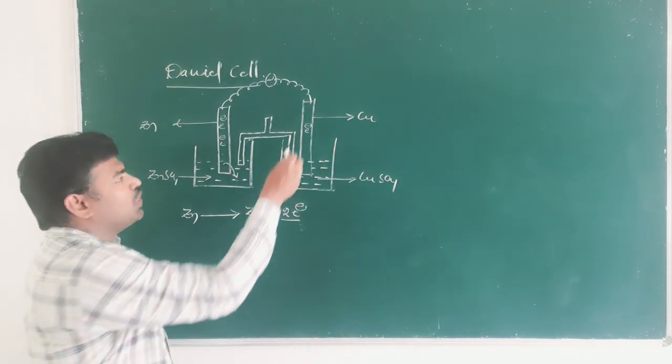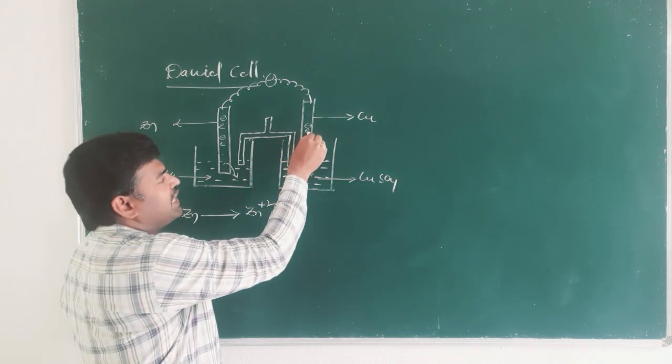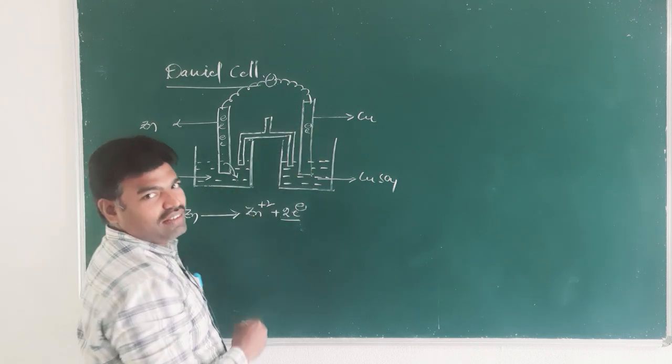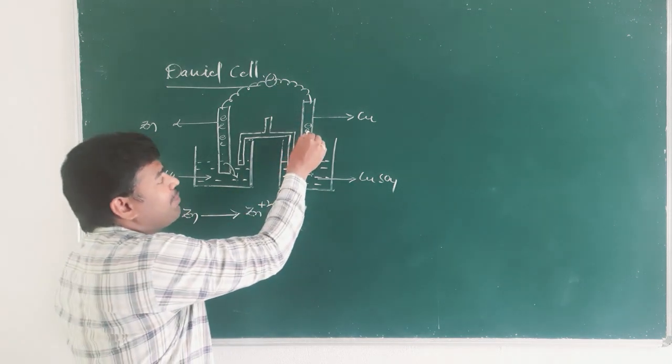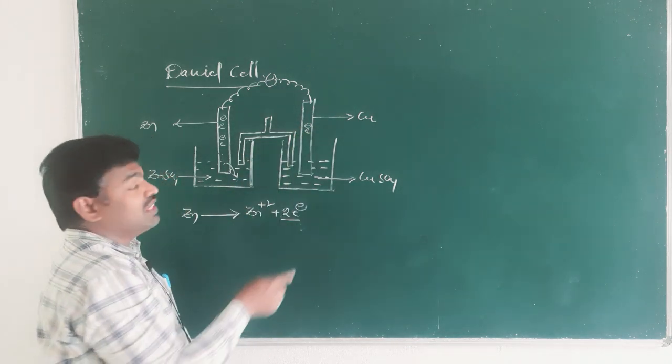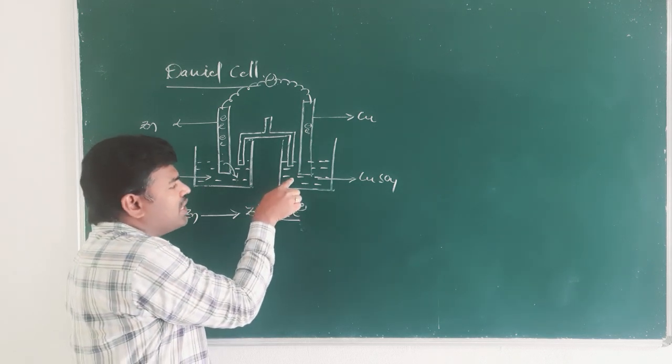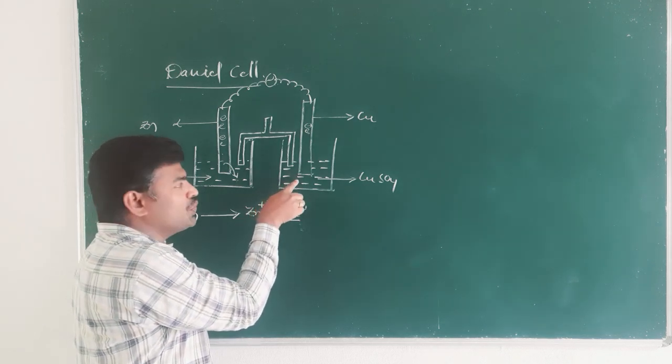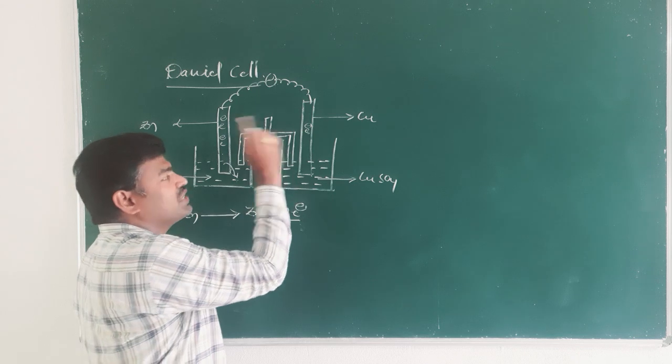Right. So, here at the copper rod, there is availability of electrons. Due to that availability of electrons, the Cu+2 ions in the copper sulfate solution undergo reduction.